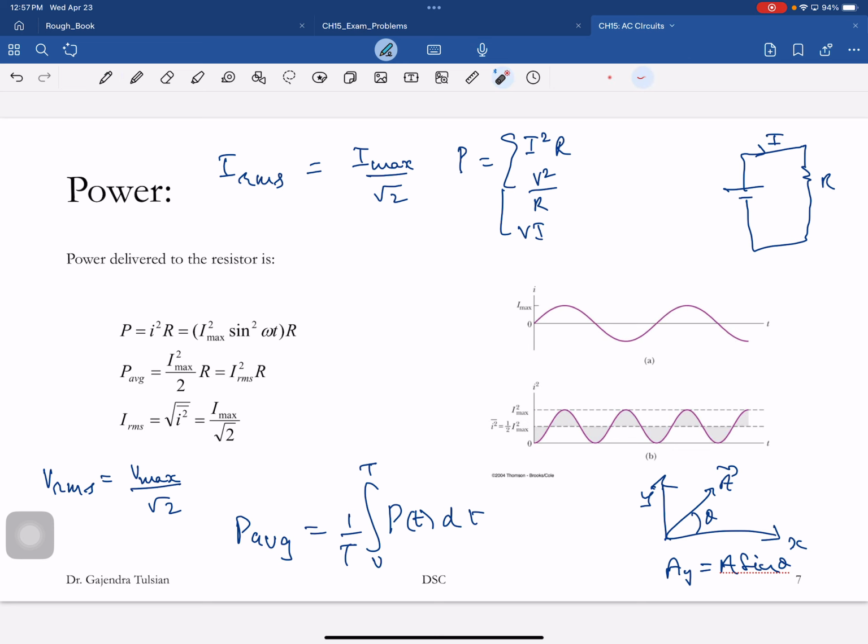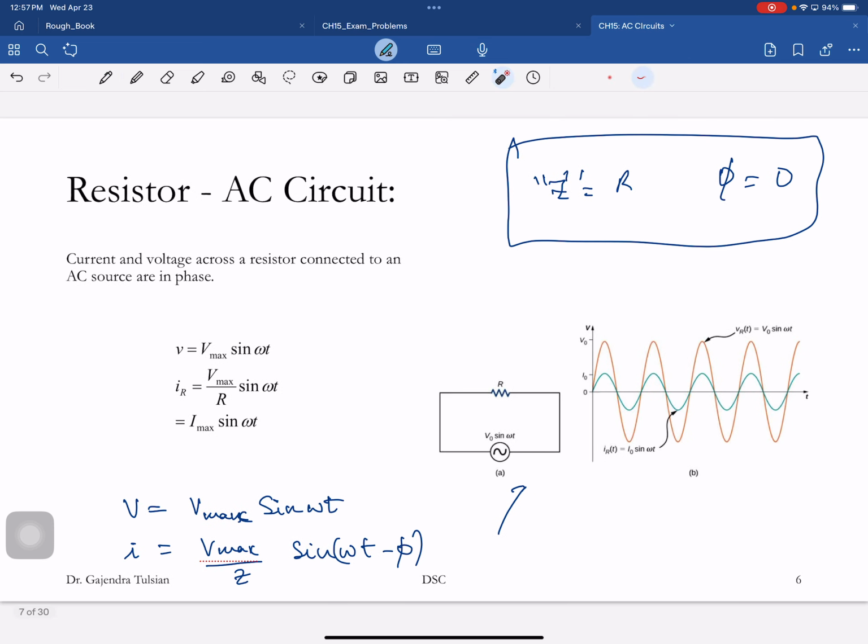See, the voltage is V sine of an angle. The current is the amplitude of the current times sine of an angle. So the instantaneous value is the y component of a vector. You can think of that.